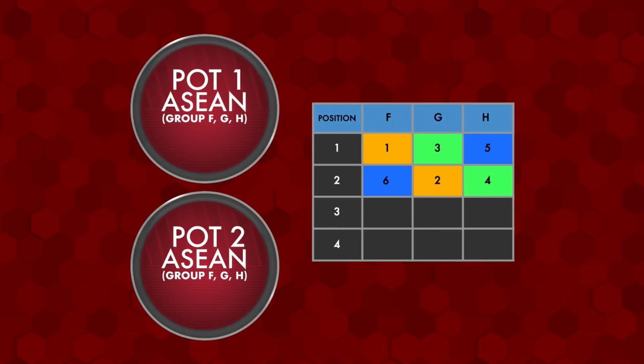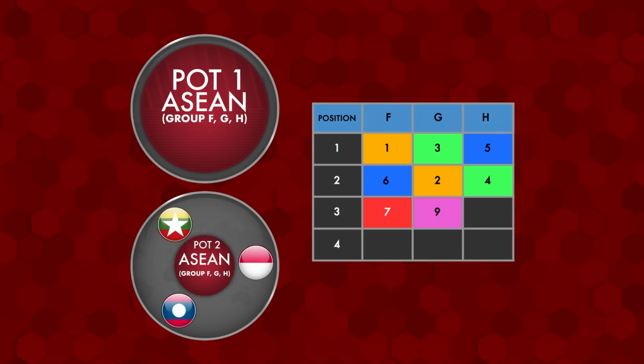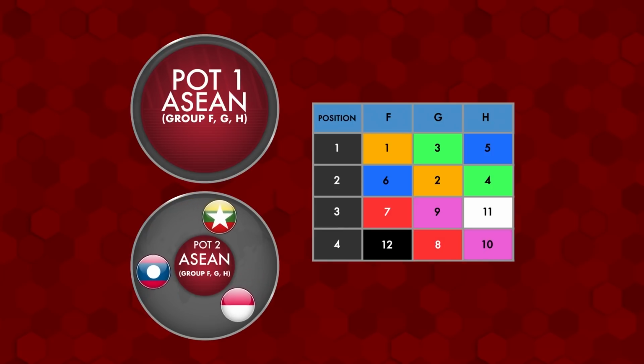League champion of the 4th, 5th and 6th drawn MAs will go to positions F3, G3 and H3, while the remaining clubs which participated in the playoff stage go into positions G4, H4 and F4 respectively.